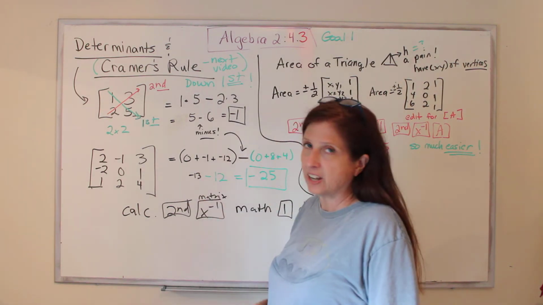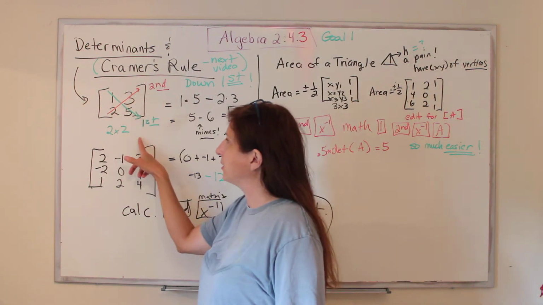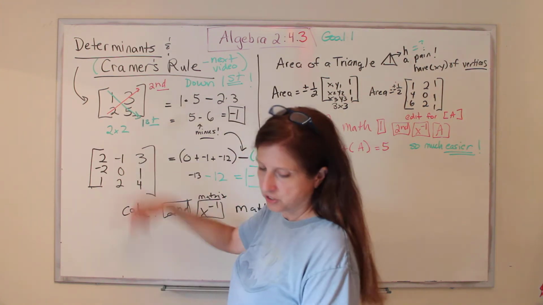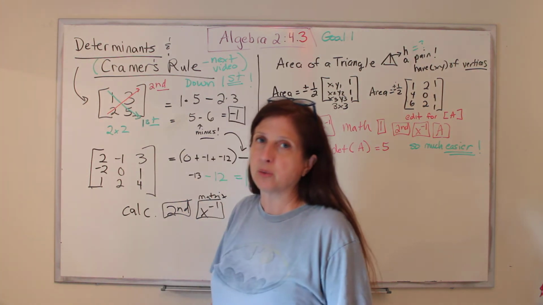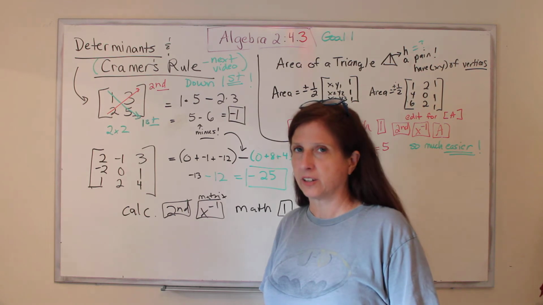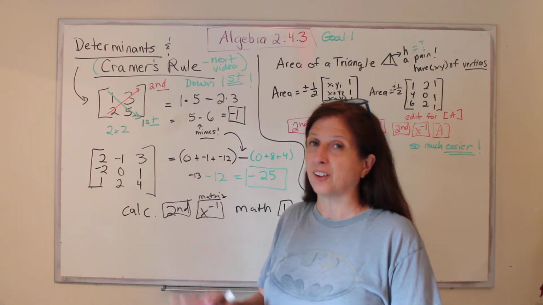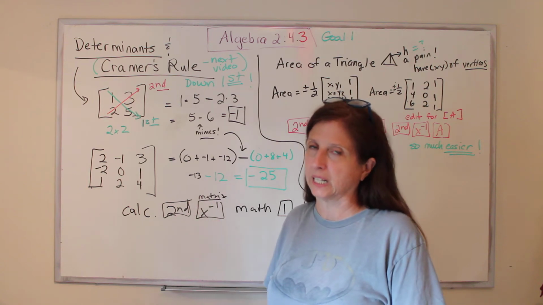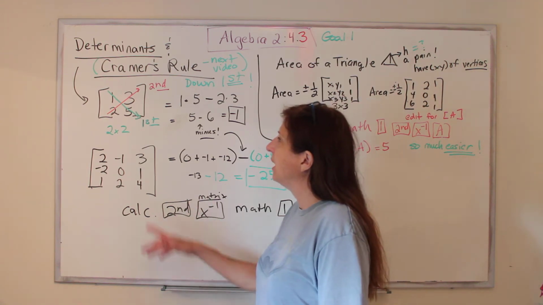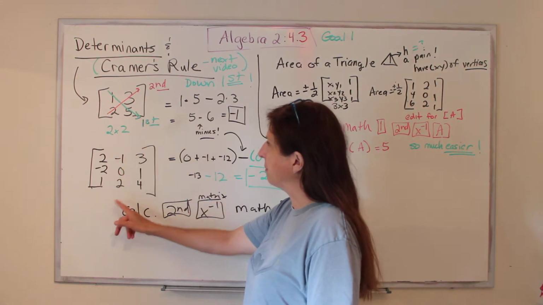So this is how you do it. Here I have a 2 by 2 matrix. There are only certain ones you can do this with. If you try it with one that doesn't work, you put it in your calculator and it says error. I picked any old one without looking at it, thinking maybe this will work, and I got error, so you will too. All right, so 2 by 2 works, and 3 by 3 works.